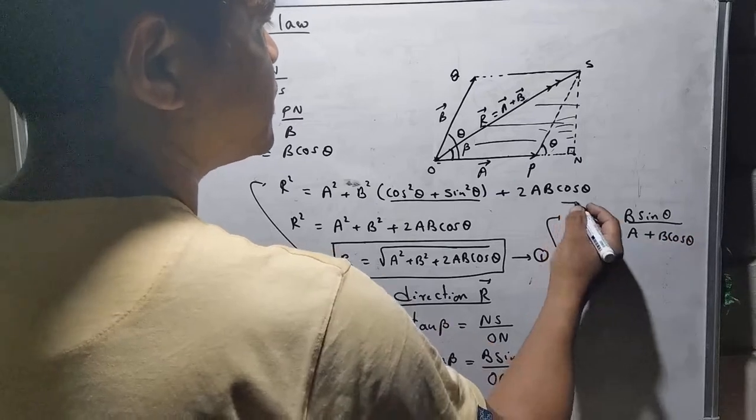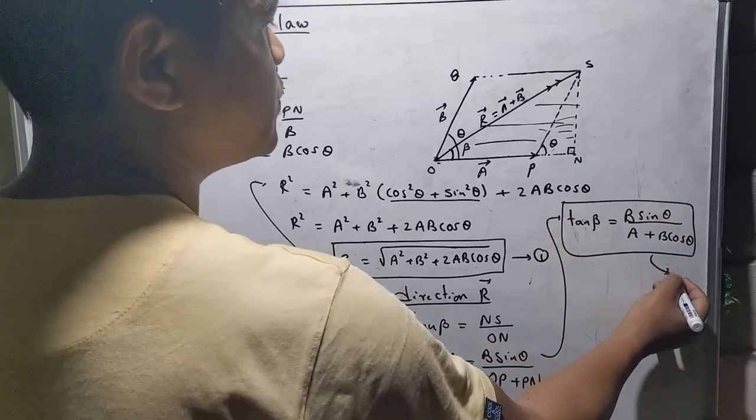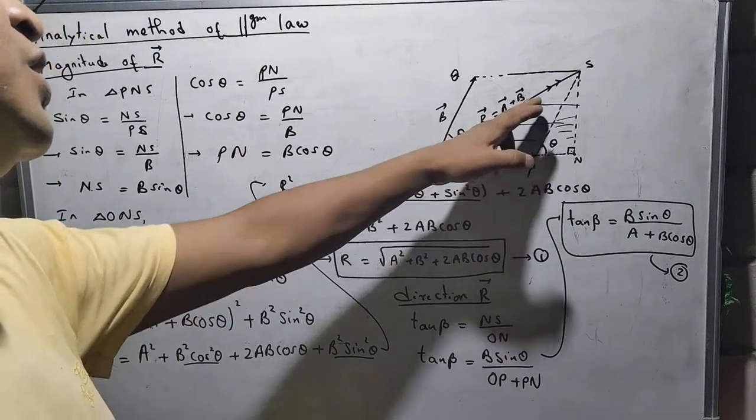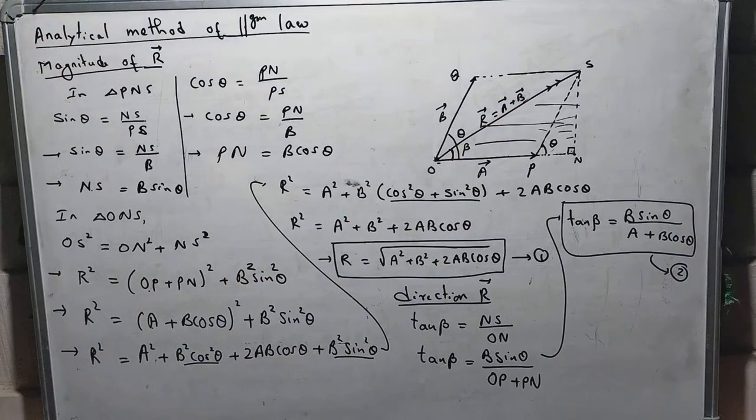So this is my equation number 2. Alright, if you know this beta, you will know the direction of the resultant vector R.